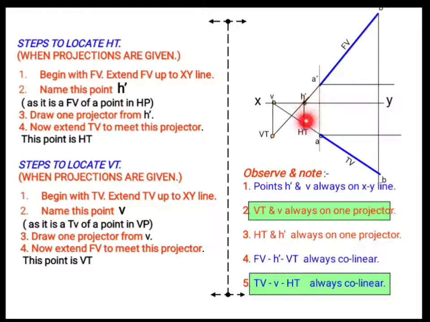HT and H dash will be on the same vertical projector. Front view A dash B dash, H dash and VT will be on the same straight line. Similarly, top view AB, HT and V will be on the same straight line.